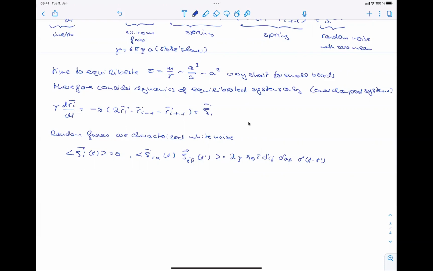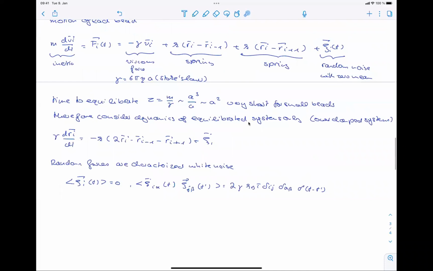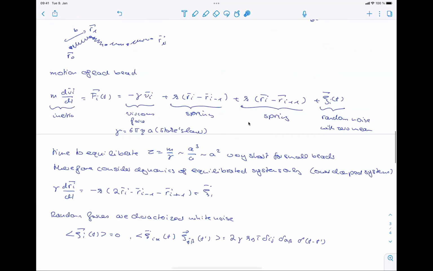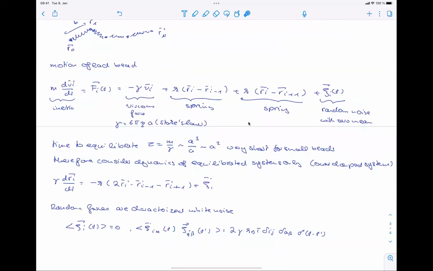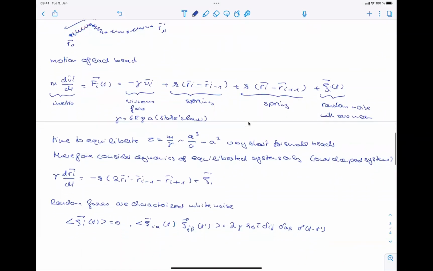Yeah. This is the standard definition for white noise, which is the one that you will encounter mostly. You may notice that this equation of motion is obviously only true for those beads in the middle of the polymer. We should specify additional equations for the two end ones that are only connected by one spring.